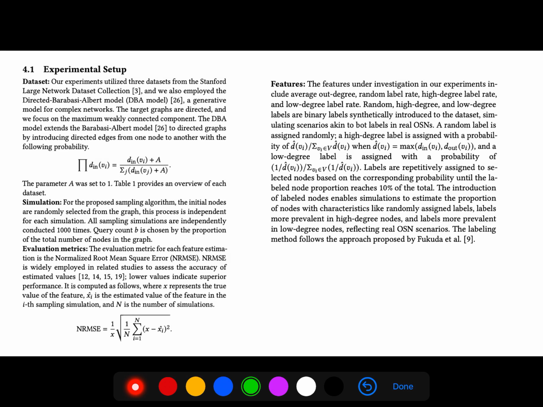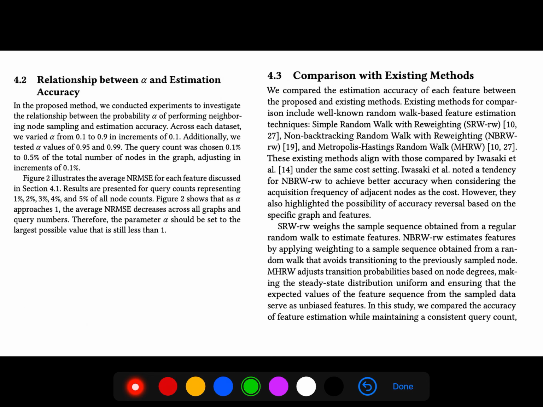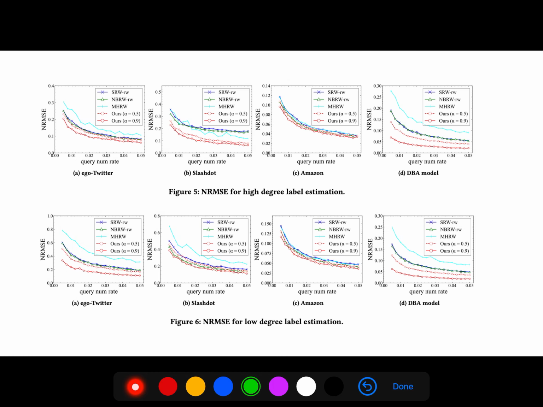The DBA model extends the Barabasi-Albert model to directed graphs by introducing directed edges from one node to another with this probability. And this is a comparison between different models. You see NRMSE for a high degree estimation.